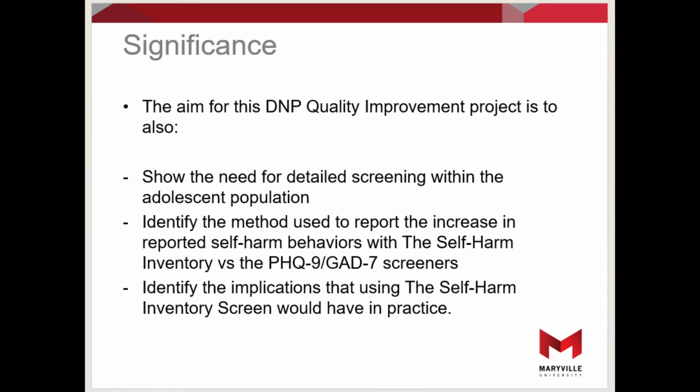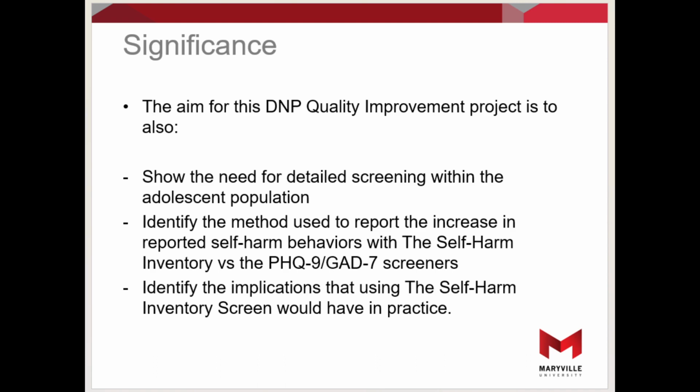So the aim for this quality improvement project is to relate that by using the Z-test to show the difference between two proportions. When very similar questions are asked differently, different results are given.